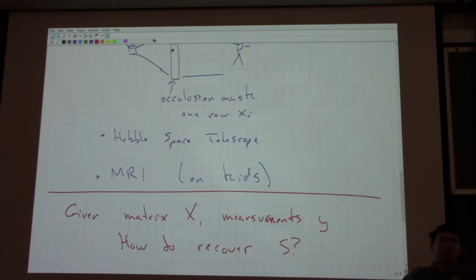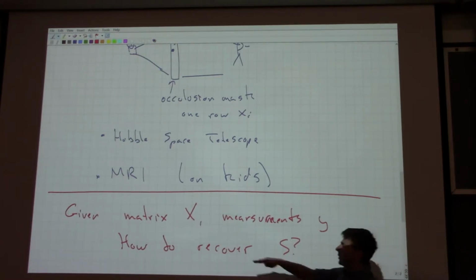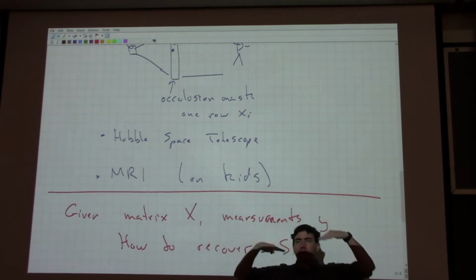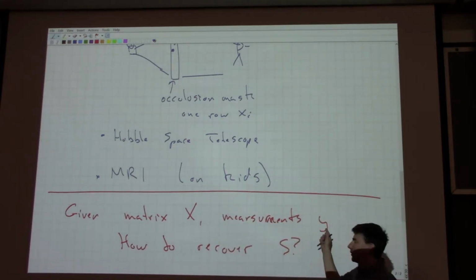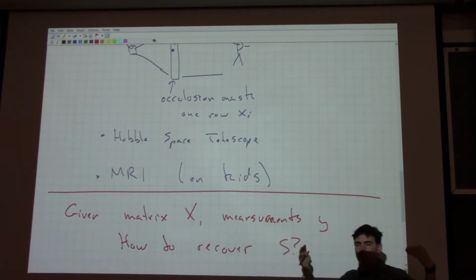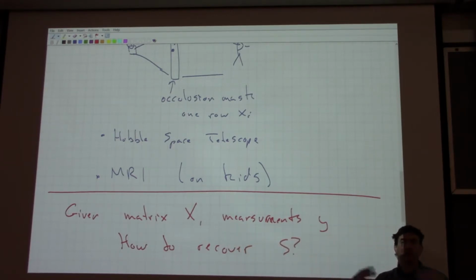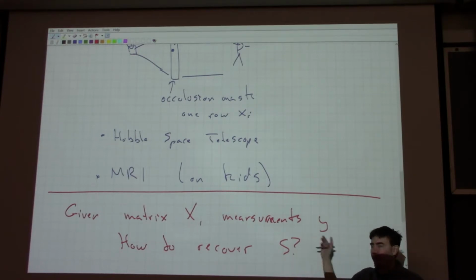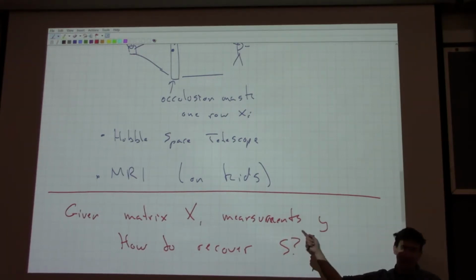We knew each row corresponded with 1 bit. Now these things are all jumbled together. Each row xi mixes all of the bits together into one value yi. So how do we recover S from this information?